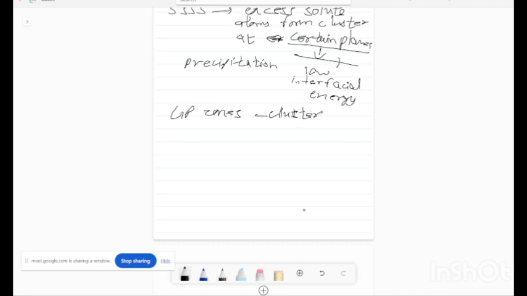Cluster of atoms up to a few atomic distances thick. So why is it called GP zone?